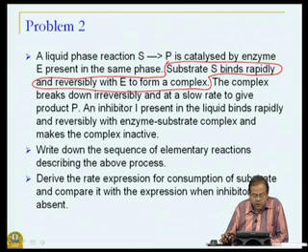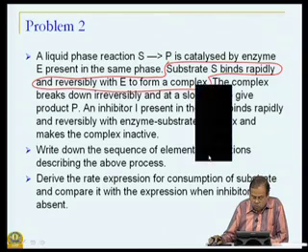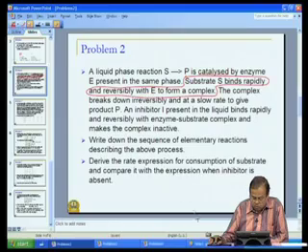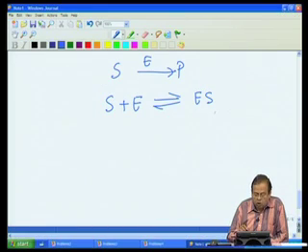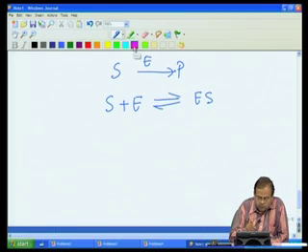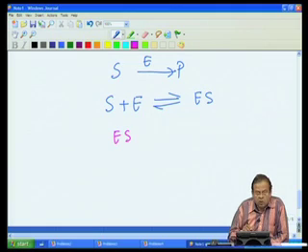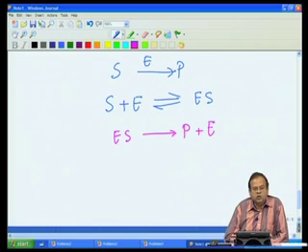The complex breaks down irreversibly and at a slow rate to give product P. So, this complex which has been formed breaks down irreversibly to give rise to product P, and enzyme must be regenerated, and it is a slow reaction.